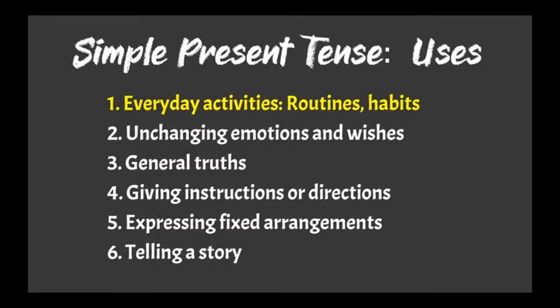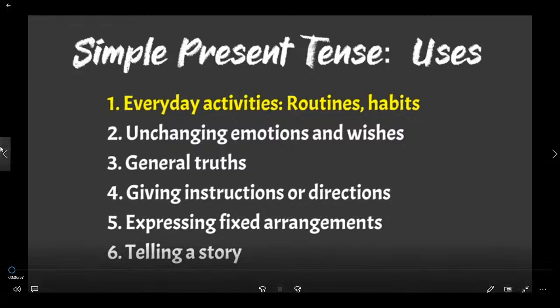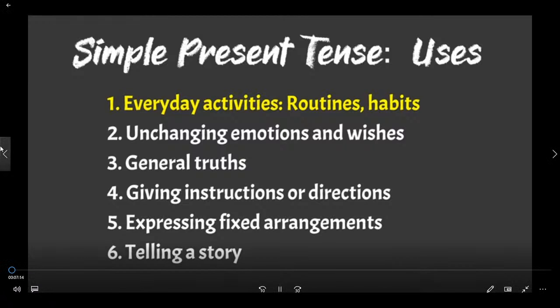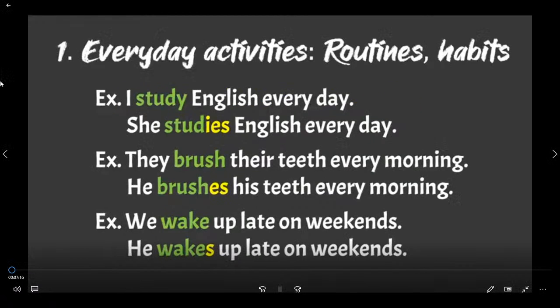Number 2, changing emotions and wishes. General truths. Number 4, giving instructions or directions. Number 5, expressing fixed arrangements. And number 6, telling a story. Now I'm going to give you examples for each, so don't worry if you didn't understand that.